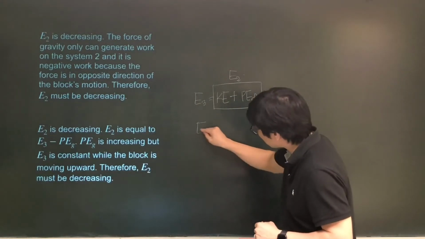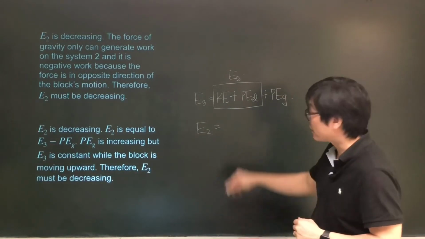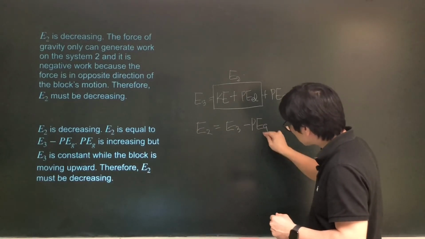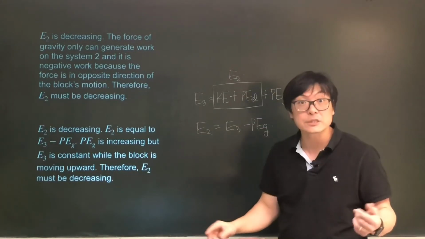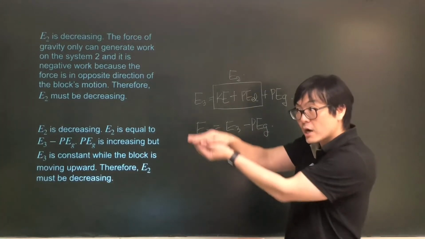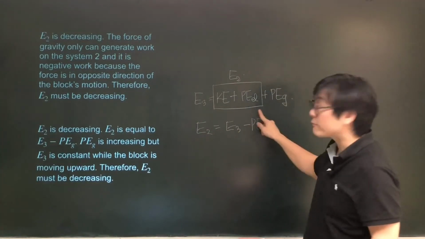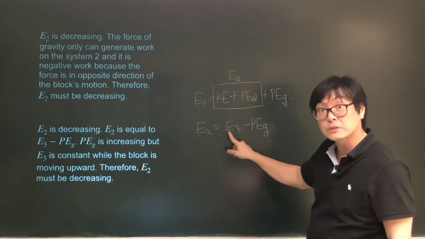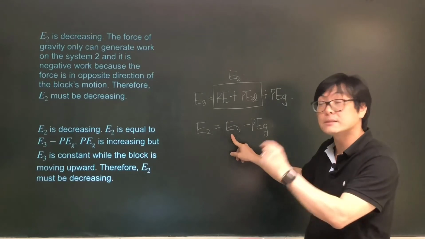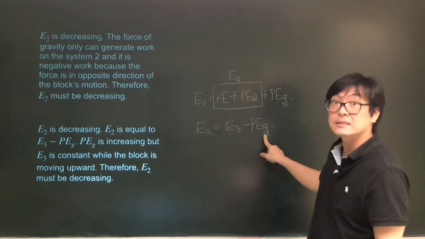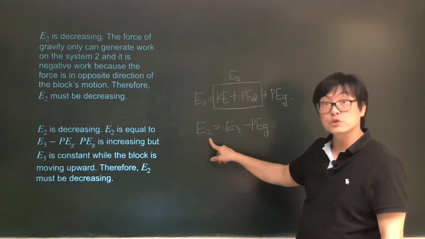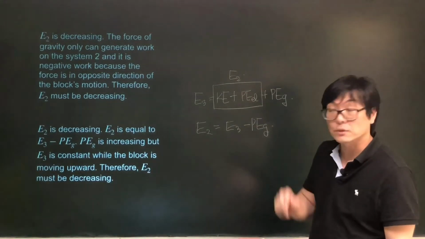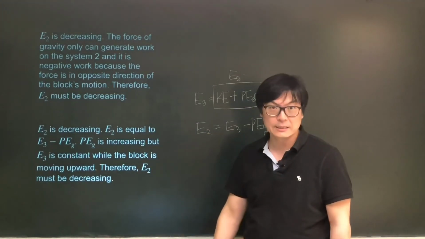So if we isolate E2 from there, E2 is E3 minus the gravitational potential energy mgh. While the object is going up, h is increasing, so this gravitational potential energy increases. Without changing E3, because this is the total mechanical energy of the isolated system, with this mgh increasing, this part should decrease because we have to subtract more from a constant. So that makes E2 decrease.